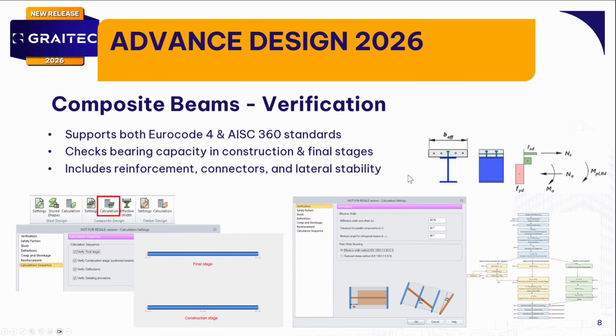Here I have put some screenshots for you to see how all of the internal components of your composite beam will be considered in the design of your composite beam.